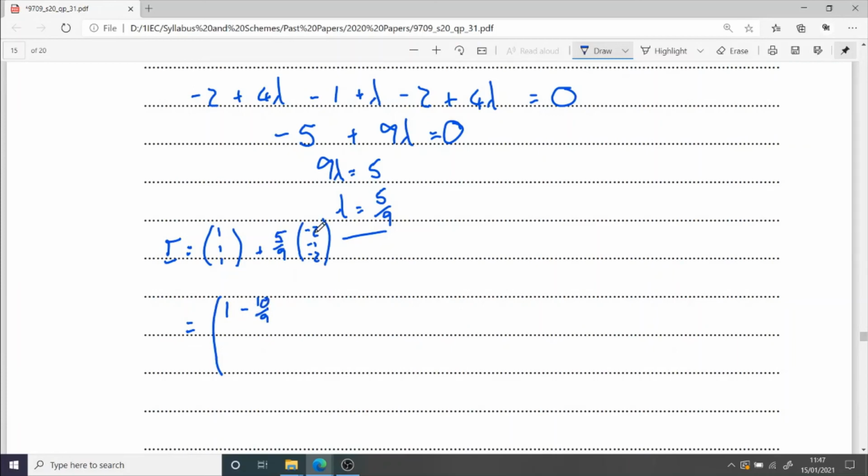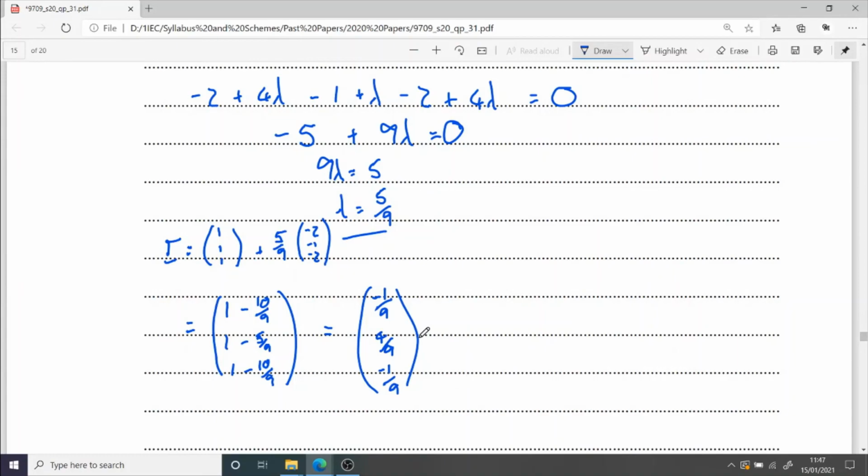That's -2 times 5/9. 1 minus 5/9. And 1 minus 10/9. Okay, so here we're going to get -1/9, 4/9, and -1/9. So that is my vector from O to R, to the point on the line.